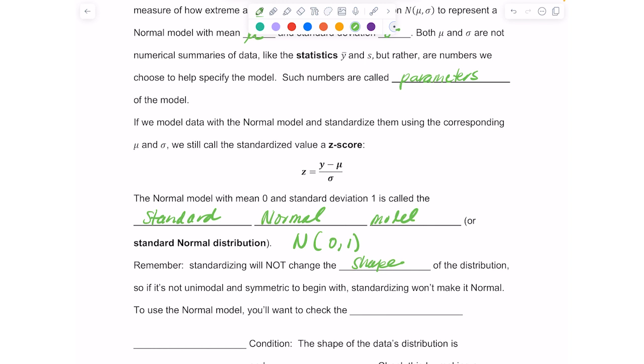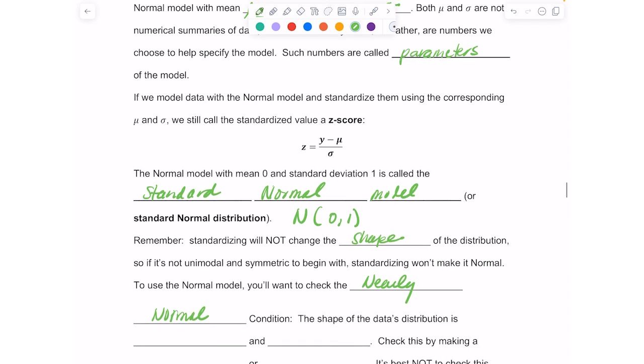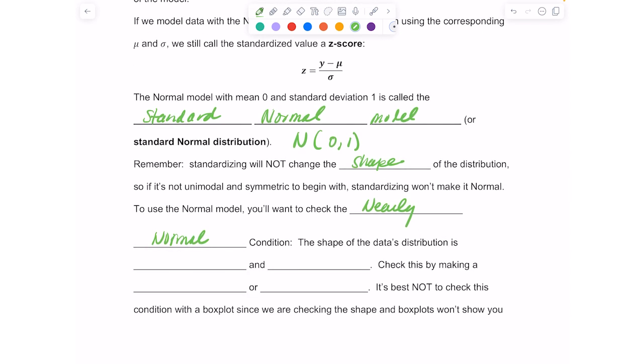To use the normal model, we want to check what's called the nearly normal condition. What that involves is we want to check that the shape of the data's distribution is unimodal and symmetric. And we want to check this by making either a histogram or a dot plot.